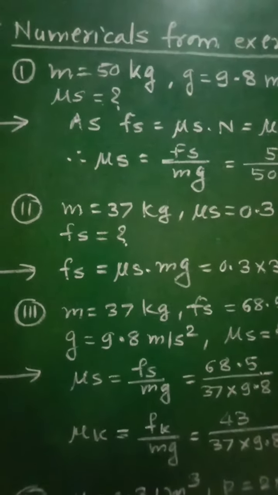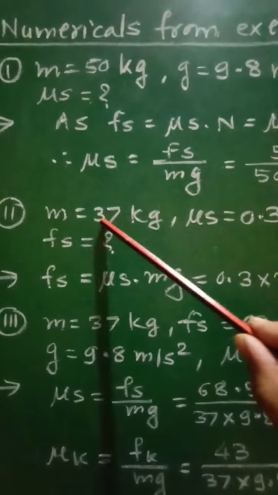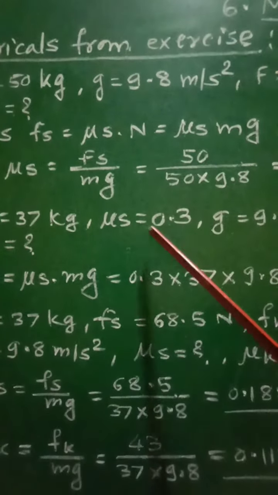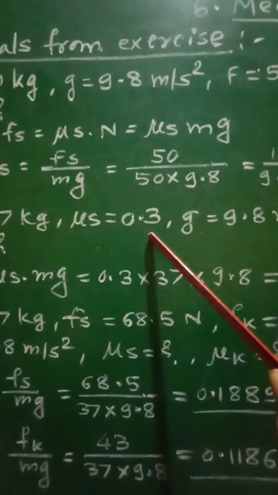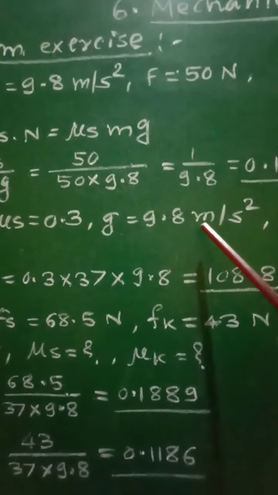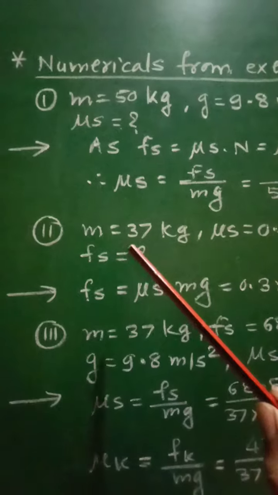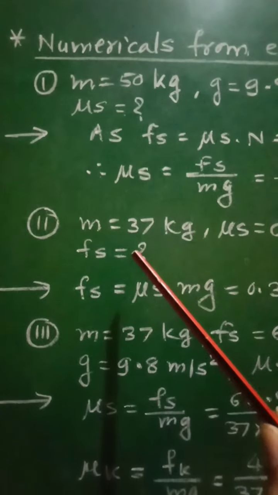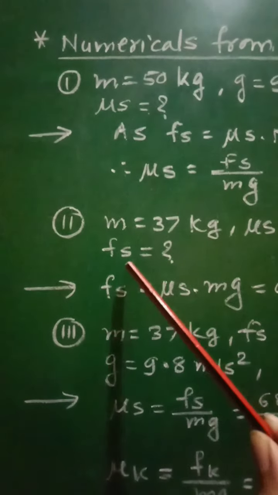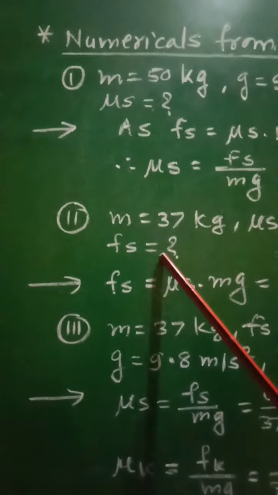And therefore, for this numerical number 2, the given data is m is equal to 37 kg, then mu s equal to 0.3, acceleration due to gravity g equal to 9.8 meter per second square, and we have to find out the least force to move that block just, and therefore it is the force of static friction Fs that we have to calculate.